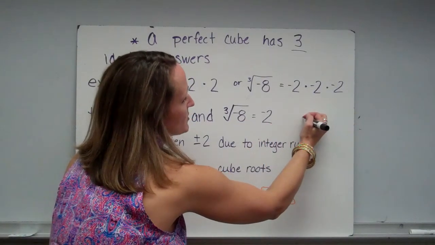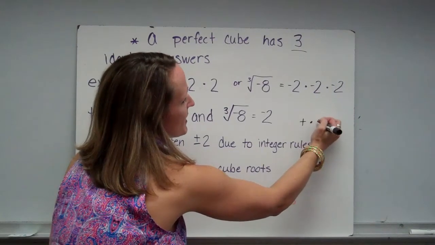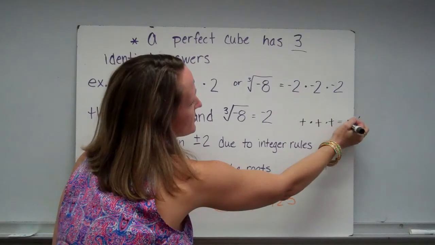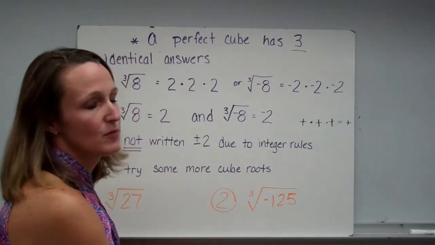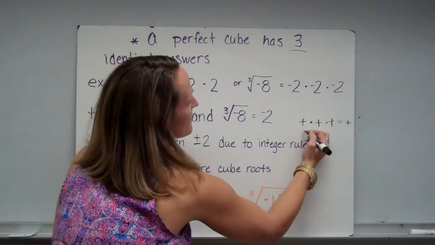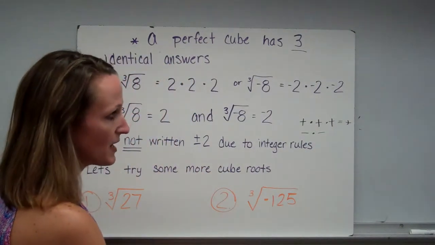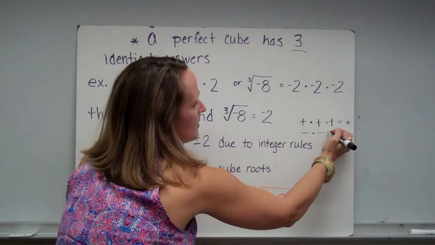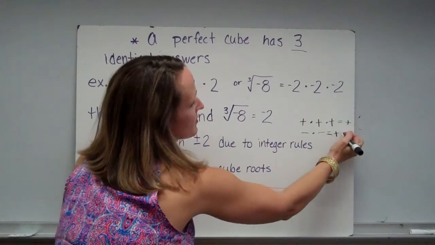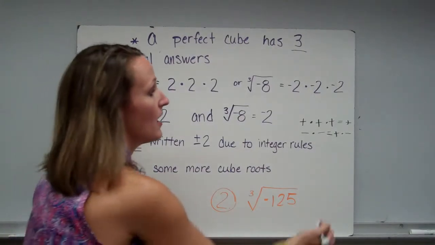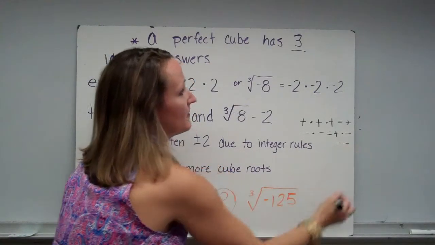If I multiply a positive times a positive times a positive, that's okay, because my answer is going to be positive. But what happens with the negative? If I do a negative times a negative, we know that gives us a positive answer. But when I multiply it by another negative, I'm getting a negative answer.